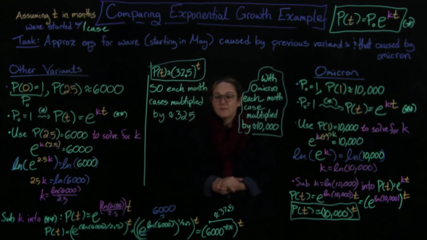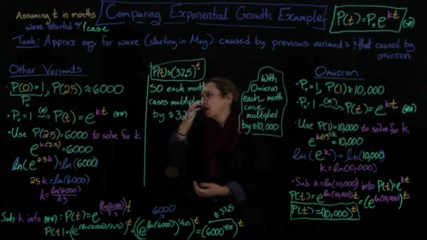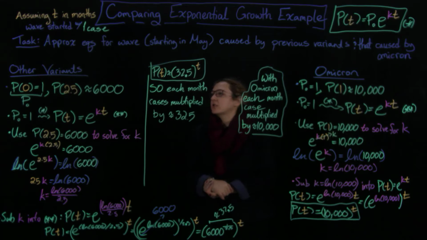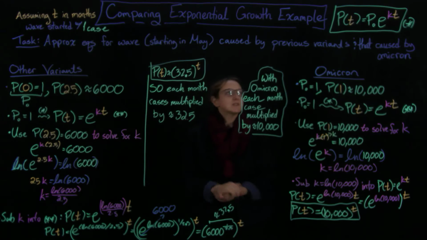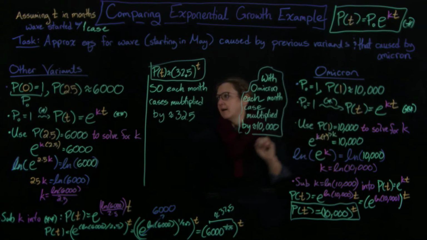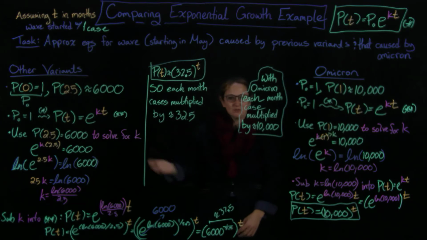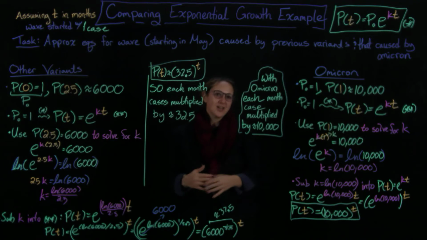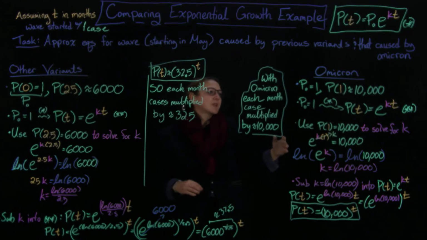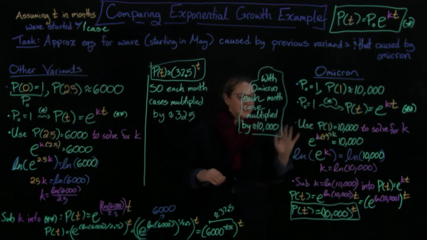Okay, so what we did in these examples, we used our initial P of 0 equals 1 to stick into here, and then we used the value that we knew, and that this is more or less growing exponentially to solve for k.